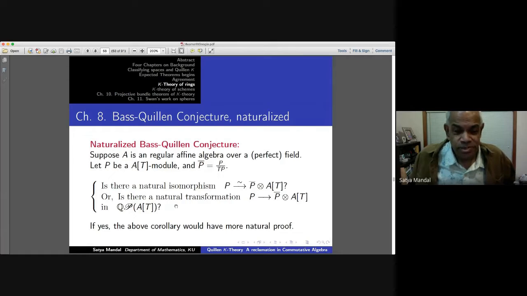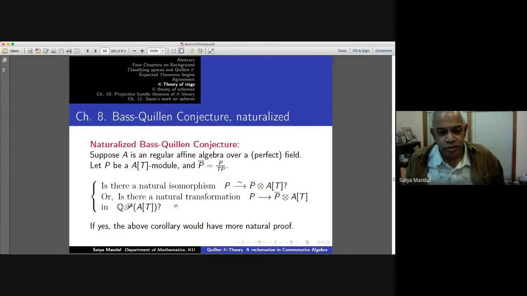So I am asking, this is a commutative algebra question, whether there is a way to prove that. Can you give a natural isomorphism from P to P bar tensor A[T]? If you read the proof and become familiar with K-theory, you will probably be able to ask other questions. Basically, I'm saying, is there a natural transformation from P to P bar tensor A[T] in the Q category of A[T]? This will suffice.